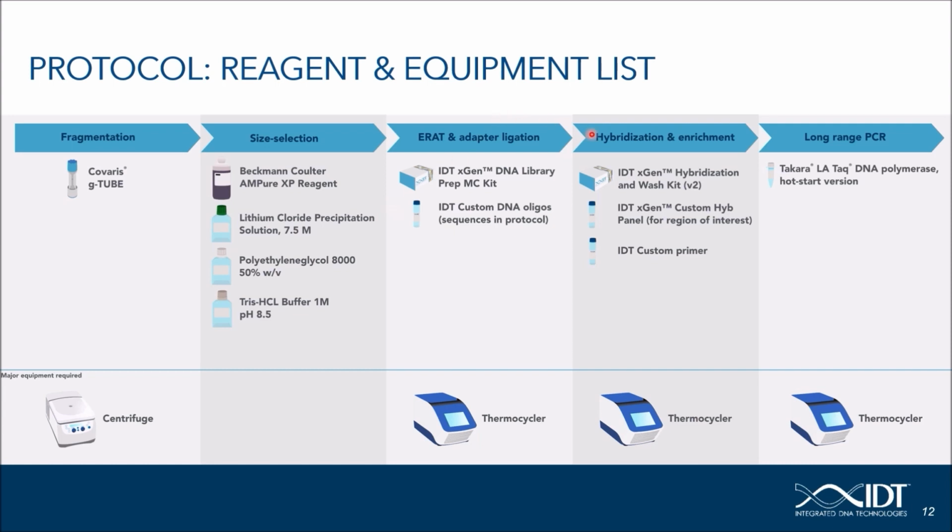The hybridization enrichment itself is performed with the IDT xGen Hybridization and Wash kit version 2, as well as your custom hybridization panel, and you would require one IDT custom primer for the final amplification. The long-range PCR is performed using the Takara LA Taq DNA polymerase in its hot start version. Also, you require a thermocycler for all the steps onwards from the end repair, A-tailing and adapter ligation.